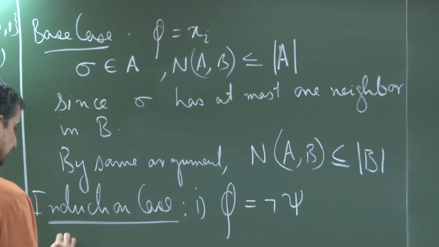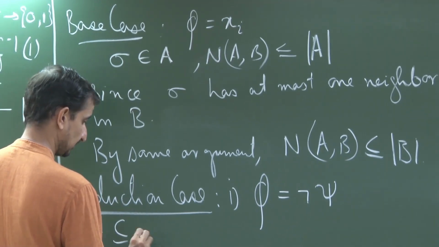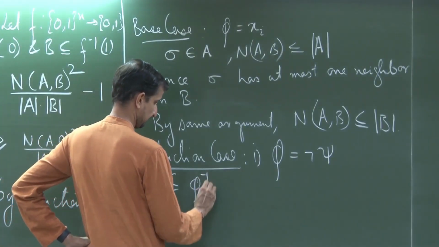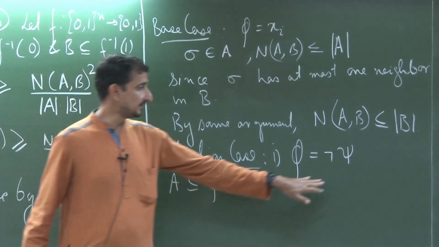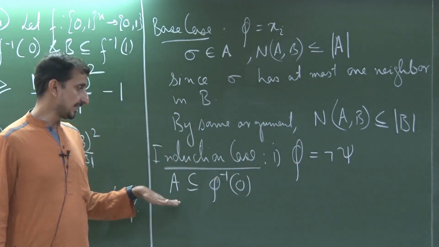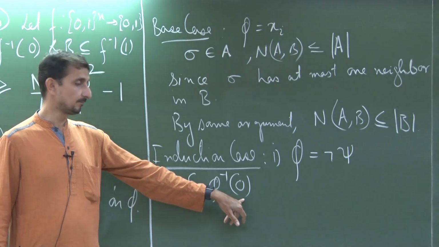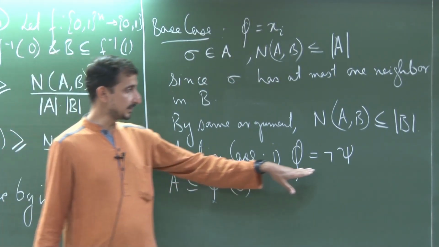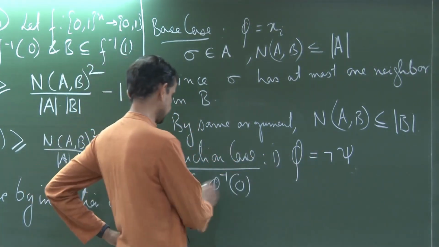Suppose I have a set A which is a subset of phi inverse 0, what can I say about A with respect to psi? So, A is basically a set of inputs which go to 0 in this formula phi, right. So, with respect to psi, it would go to 1, right.